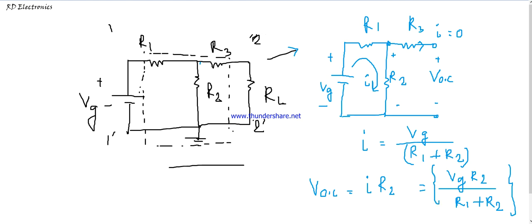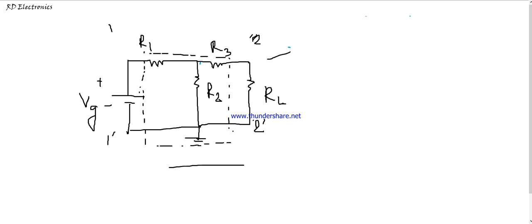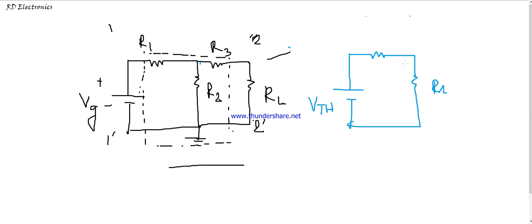Okay, so step 1 and step 2 are done here. Now finally we draw this circuit. This is VTH, this is RTH, and this is RL. So finally we calculate the load current. So what is the value of load current?